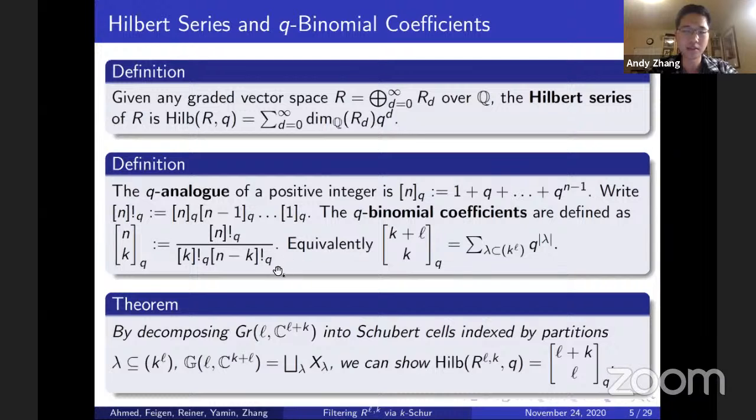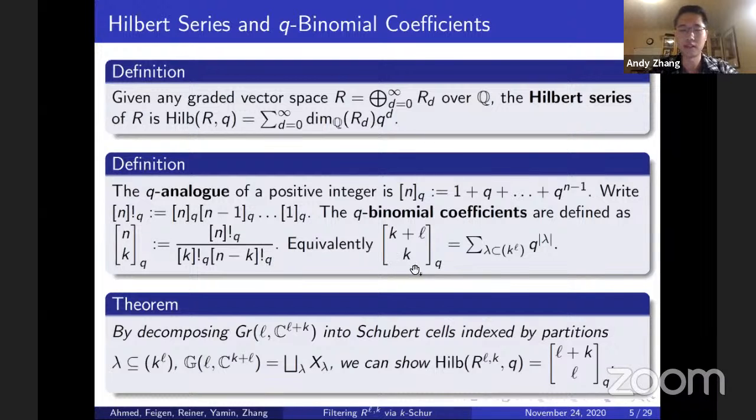These are defined similarly to the ordinary binomial coefficients, where instead of factorials, you take q analogs of factorials. In this expression, if you set q equal to 1, it becomes the ordinary binomial coefficient formula.